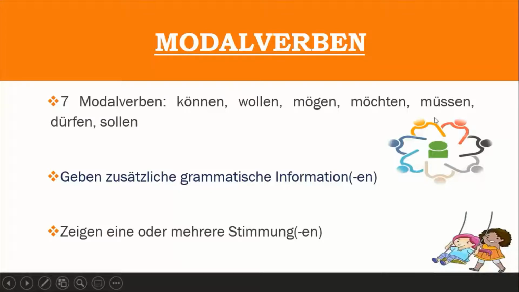It can do things or it can show something on its own in a German sentence and question. But each of the 7 modal verbs can help or can complement this main verb in their own ways.